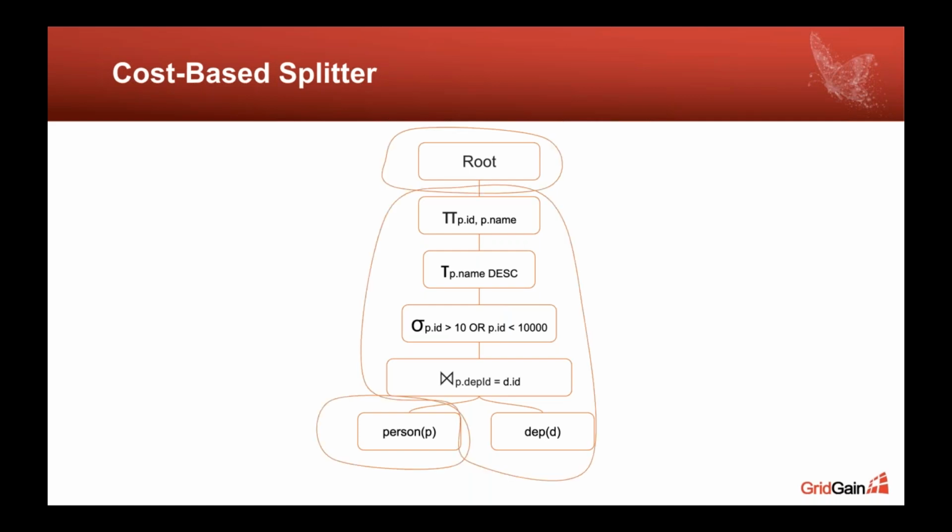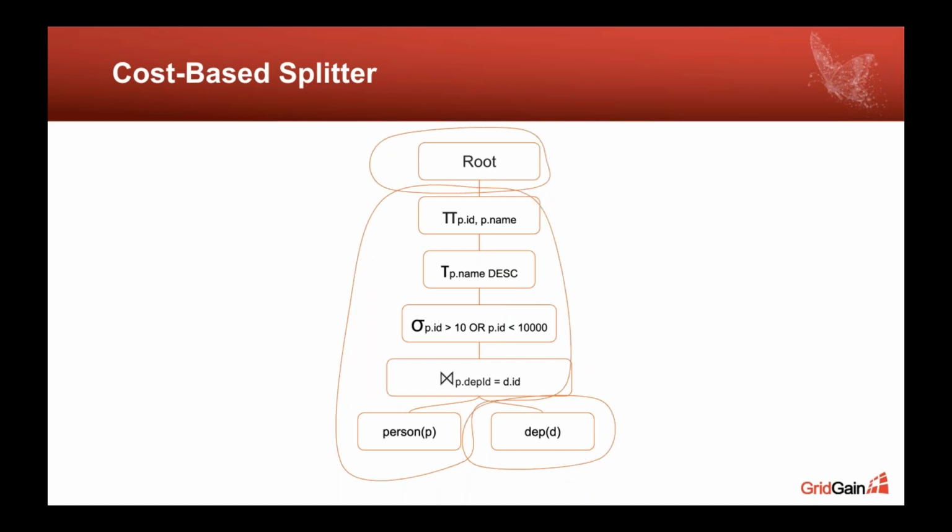First, we can send persons to their departments, do all the operations on the department side, and aggregate the result on a client. Or send departments to persons and do almost the same and aggregate the results on a client.